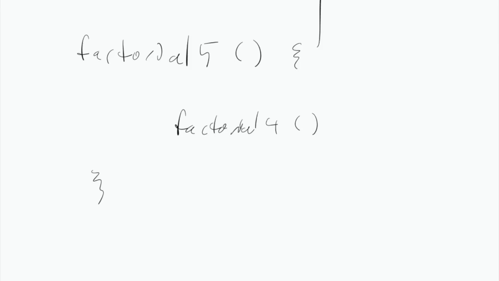So if I know factorial 4 already, how do I compute factorial 5? You just do 5 times factorial 4, right?